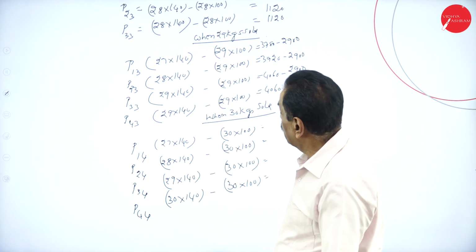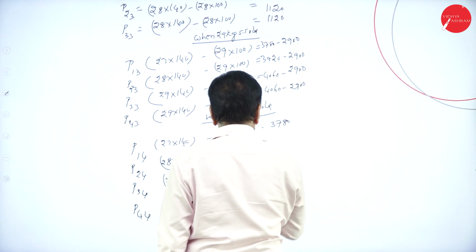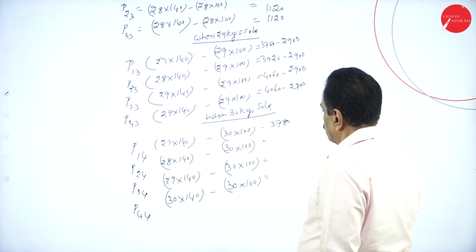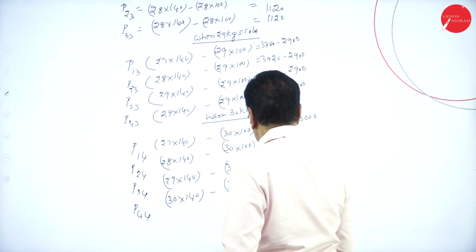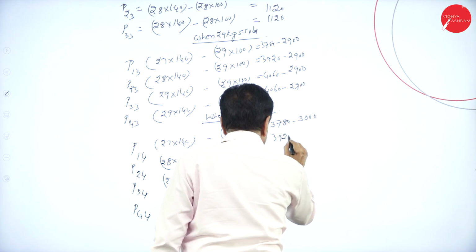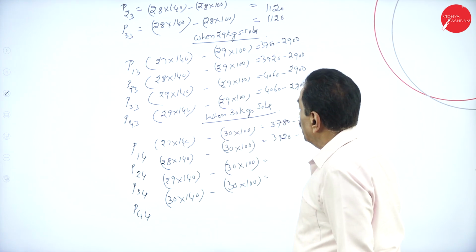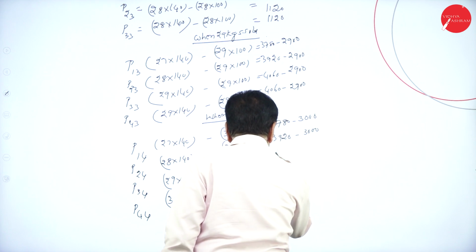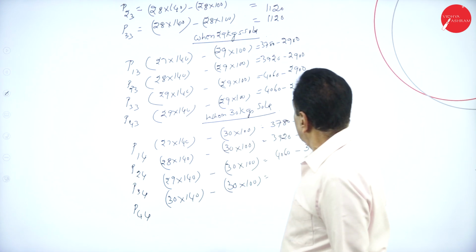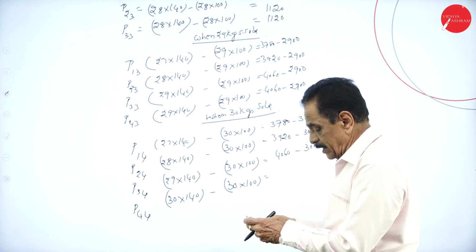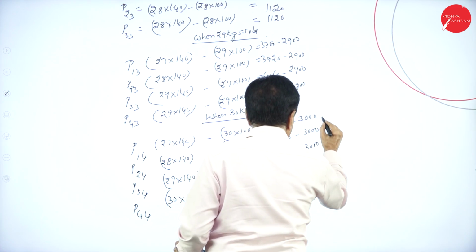Go. 27 into 140, 3,780 minus 30 into 100. 28 into 140, 3,920 minus 3,000. 29 into 140, 4,060 minus 3000. 30 into 140, 4200 minus 3000.